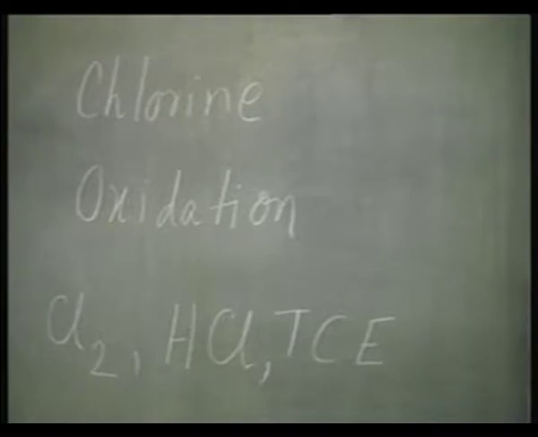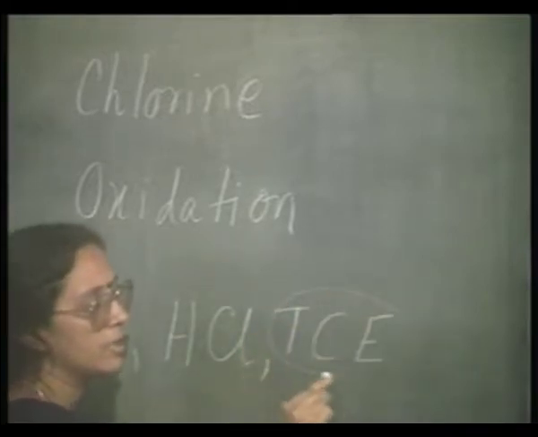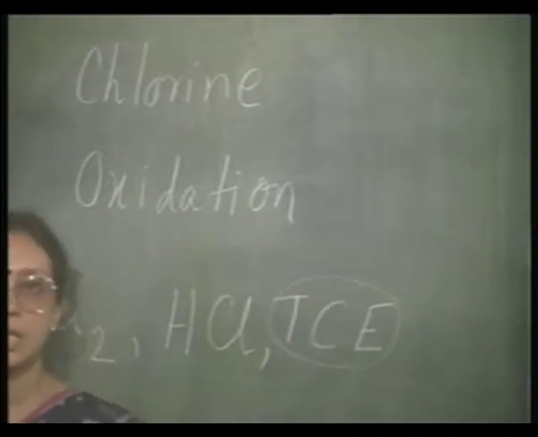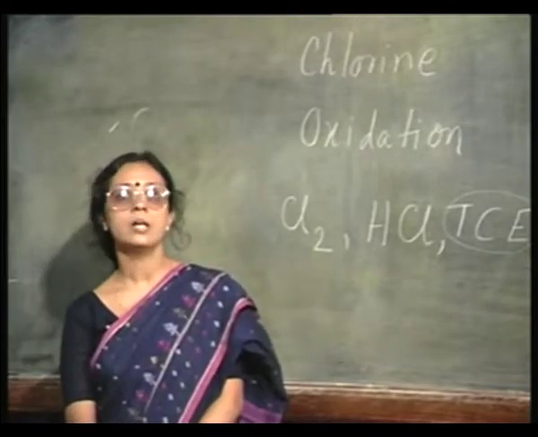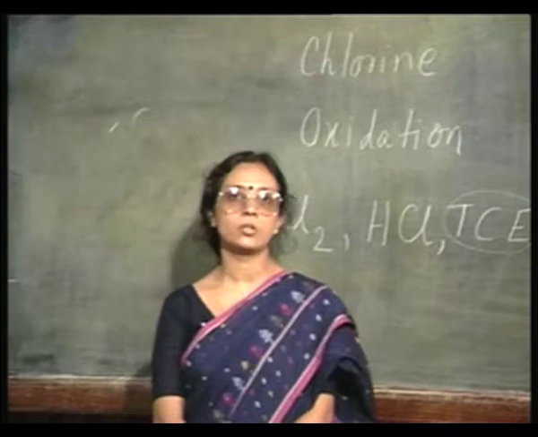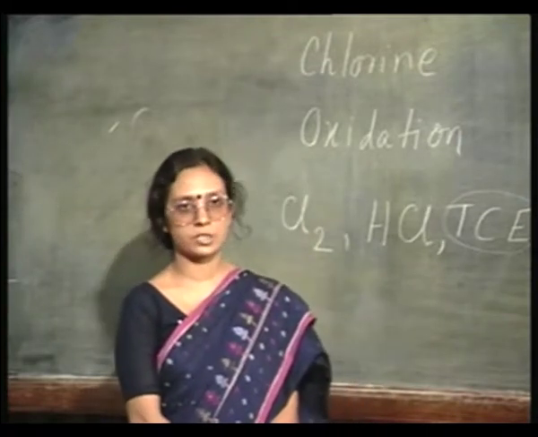Trichloroethylene is a liquid, and the common practice is that oxygen is bubbled through a container containing this trichloroethylene, so that the gas coming out of this container will be saturated with TCE vapor, and from there a small amount of chlorine will be incorporated during oxidation.